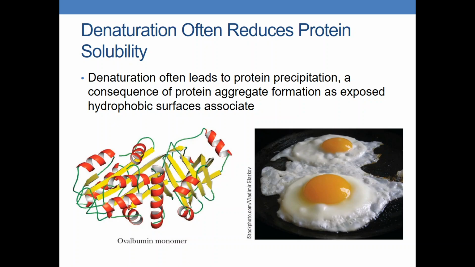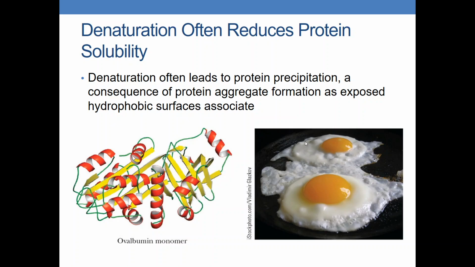A very common example that I hope you are all familiar with is that of the egg. The dominant protein in an egg is albumin, or ovalbumin. So that's what you're seeing here. This is the structure of ovalbumin. You crack an egg and it's largely clear, but as you start heating it, you see a change in color.